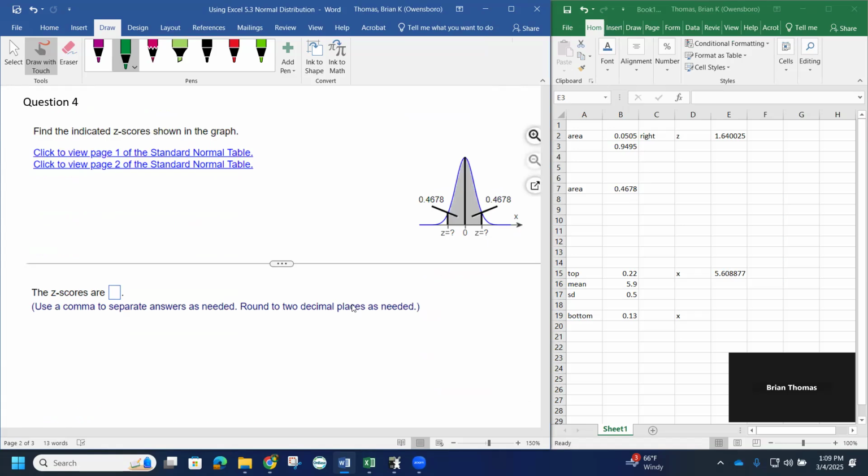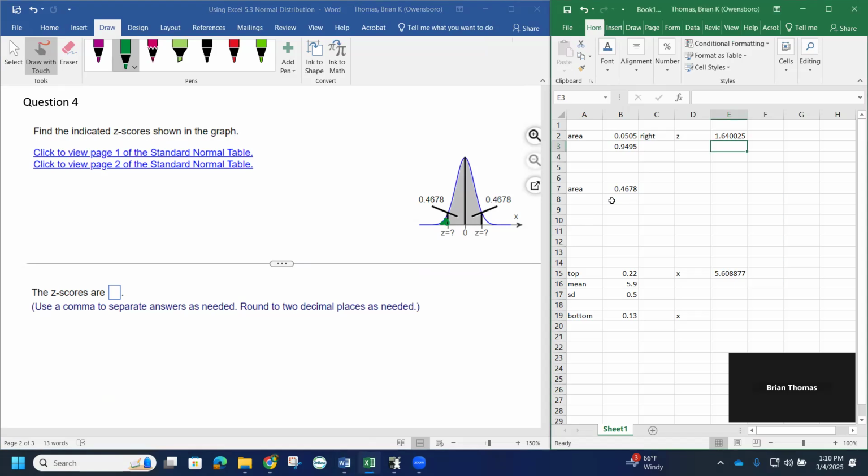Find the indicated z-scores. Notice we have the area in the middle this time, in the center. What I really need is the area to the left here. There are a couple of ways of doing that. One way is we know that there are two of these 0.4678.